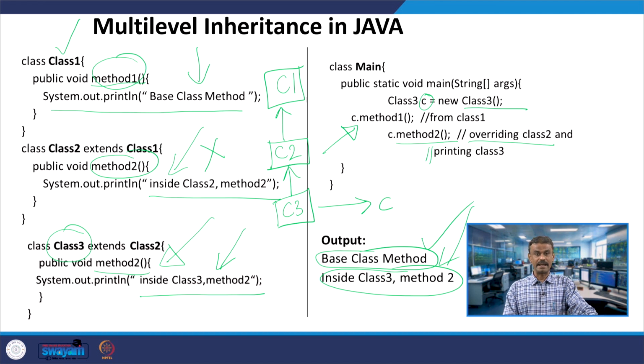When you are creating an object C under C3, invoking method 1 is not a problem, and the base class method will be printed. That we had seen. Now the tricky point is when C is invoking method 2, we have to be a little careful which one will be called. This is the concept of overriding.